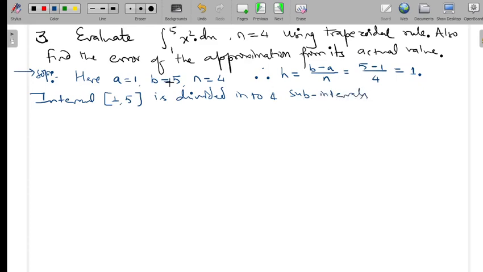You can find that the subintervals are 1 comma 2, because first one is a, which is 1, and a plus h is 2, then 2 comma 3, difference is 1, 3 comma 4, and the closed interval 4 comma 5. These are the 4 subintervals, dear students.